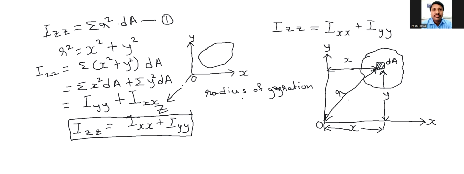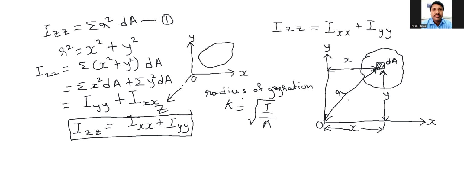The radius of gyration of any given area is defined as the square root of the ratio of moment of inertia and its area. It is denoted by small k. Hence, k is equal to the square root of I by A, where I is the moment of inertia of the area and A is the area of that plane figure.